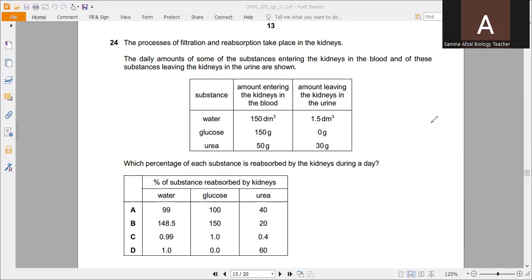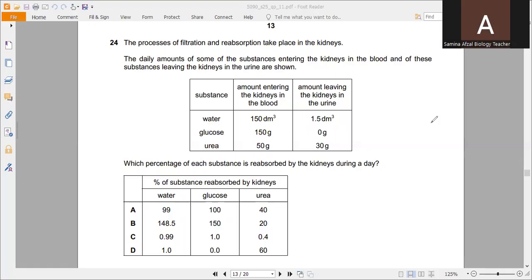The substances are water, glucose and urea. The amount entering the kidneys in the blood is 150 cubic decimeter of water, 150 gram glucose and 50 gram urea, and the amount leaving the kidneys in the urine is 1.5 cubic centimeter water, glucose 0, urea 30 grams.